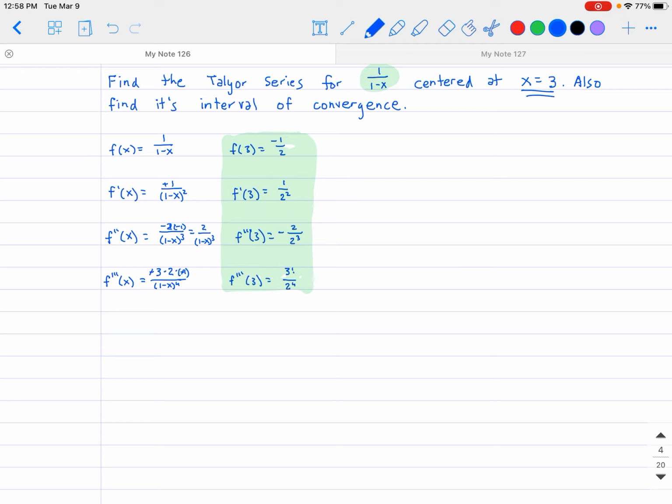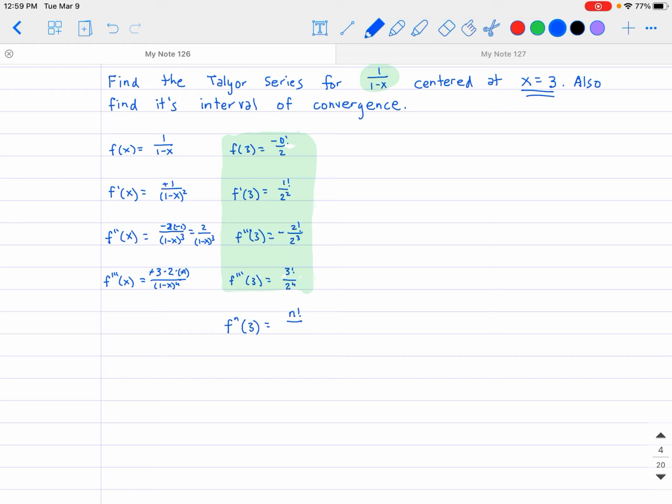If I look at this as a general form, taking the nth derivative at x equals 3, the numerator is going to be n factorial, because each time on the top you have 3 factorial, 2 factorial, 1 factorial, 0 factorial. That's probably why you want to write it this way, which corresponds to the number of times you take the derivative. And then all of that is going to be divided by the bottom.